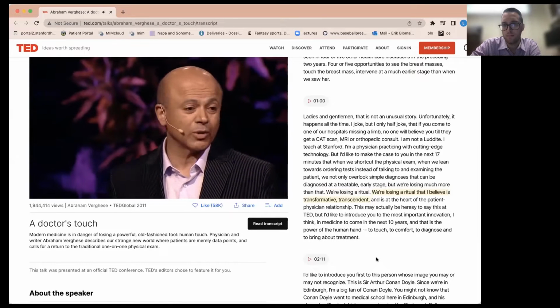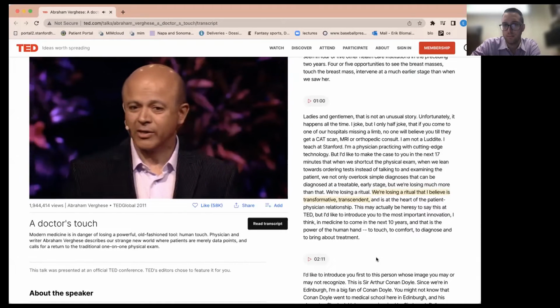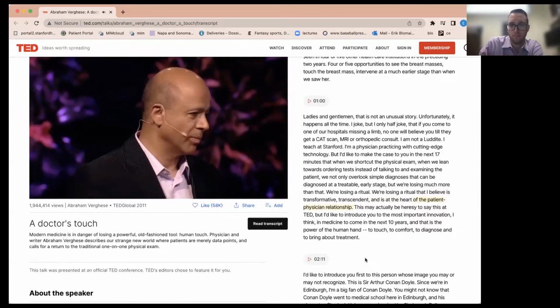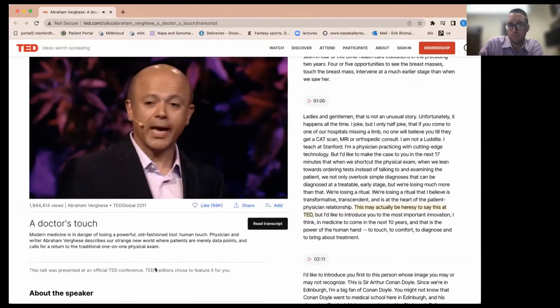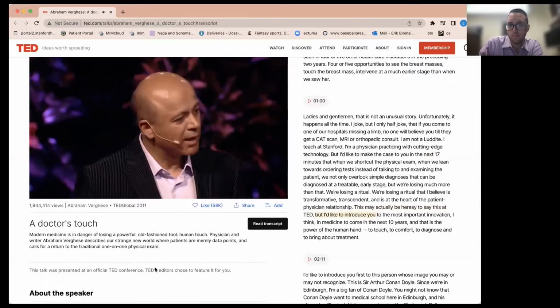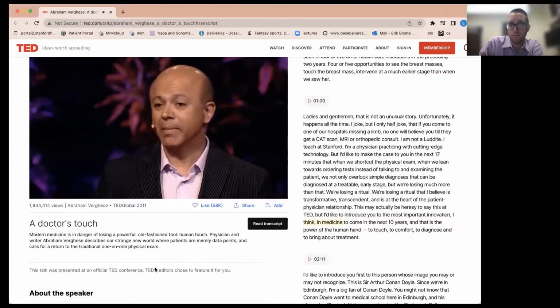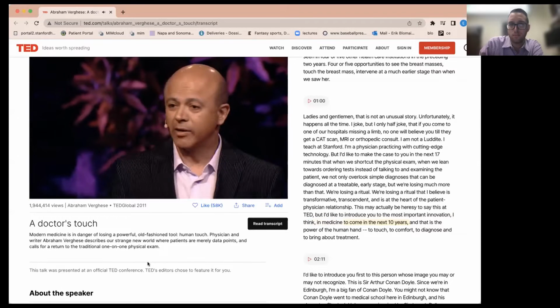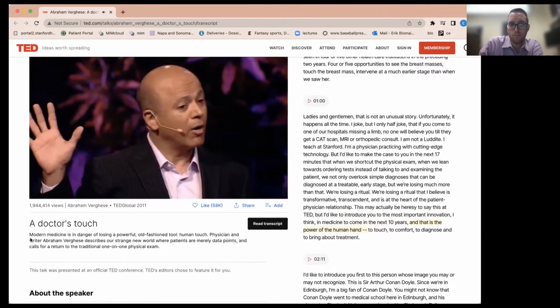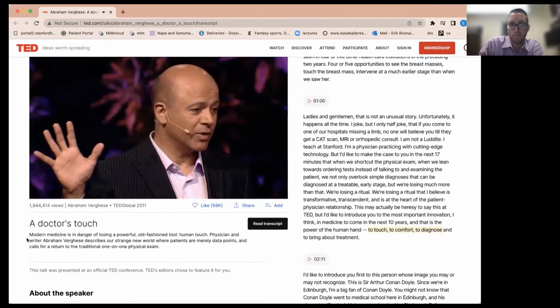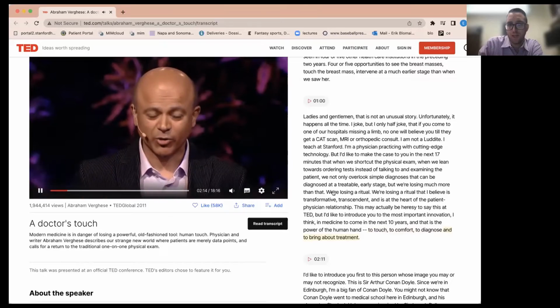We're losing a ritual that I believe is transformative, transcendent, and is at the heart of the patient-physician relationship. This may actually be heresy to say at TED, but I'd like to introduce you to the most important innovation, I think, in medicine to come in the next 10 years, and that is the power of the human hand to touch, to comfort, to diagnose, and to bring about treatment.